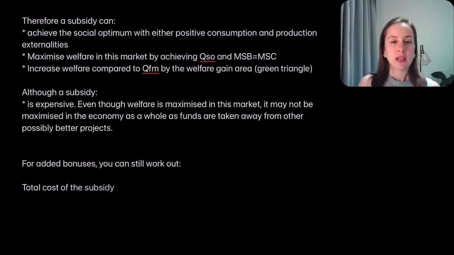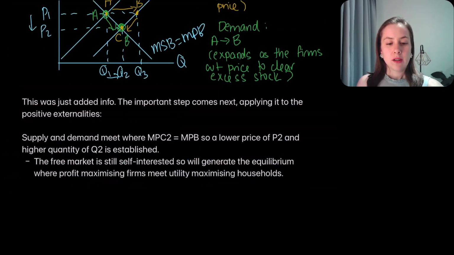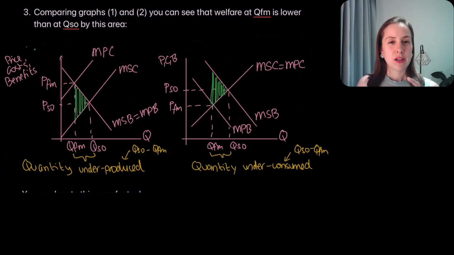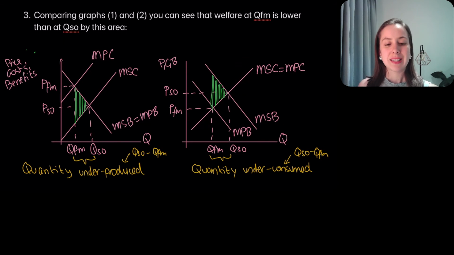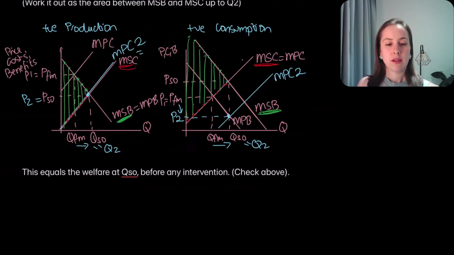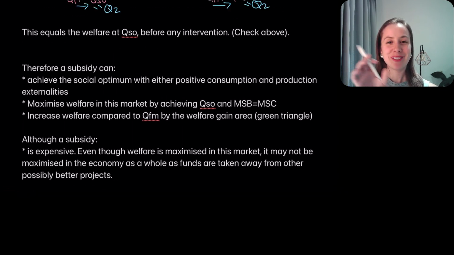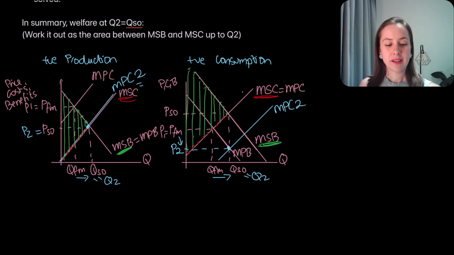It can eliminate all the welfare loss, and it can increase that welfare by that original green triangle that we had before. Welfare increases by these green triangles and is now maximized to become all of this green area here.